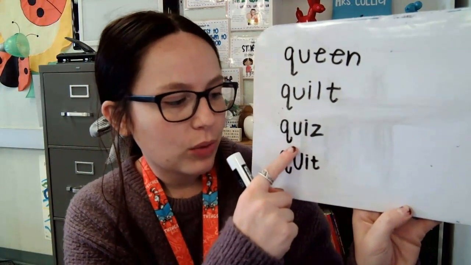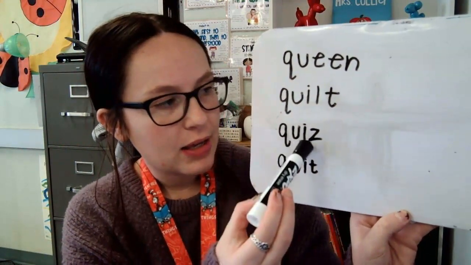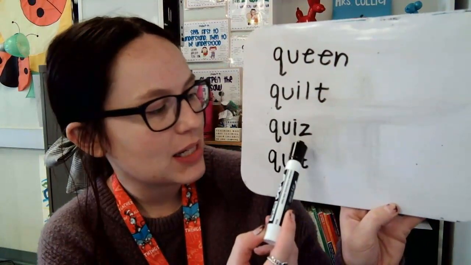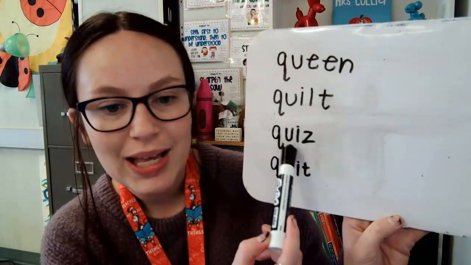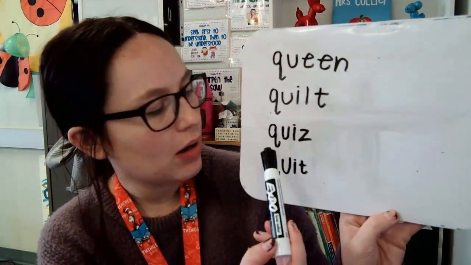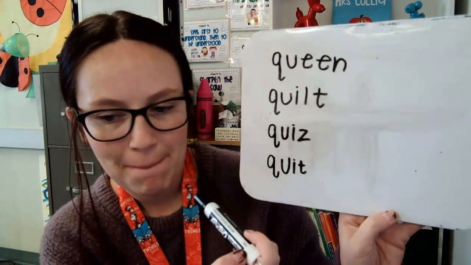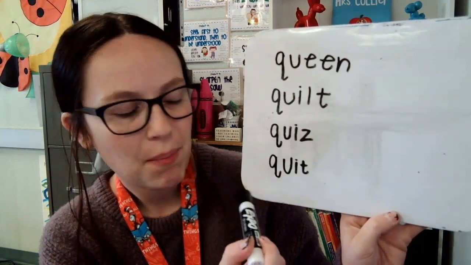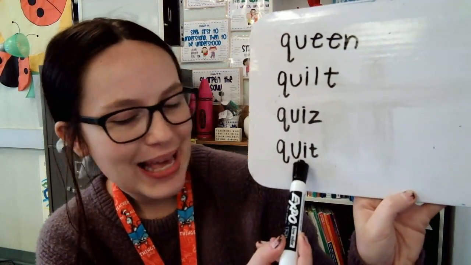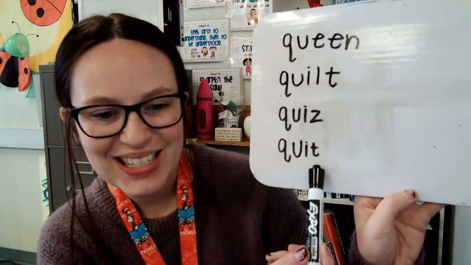And next we have the word quiz. So this is a word that we saw when working with our Z sound because this has the qu and the z. So we just have to put in our I sound so we get quiz. And next we have quit.